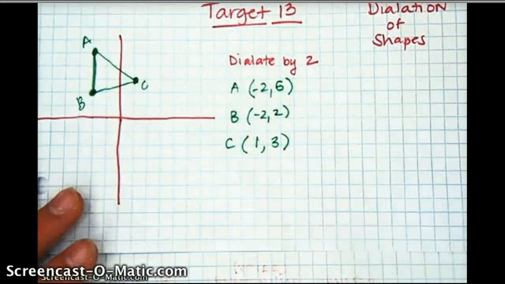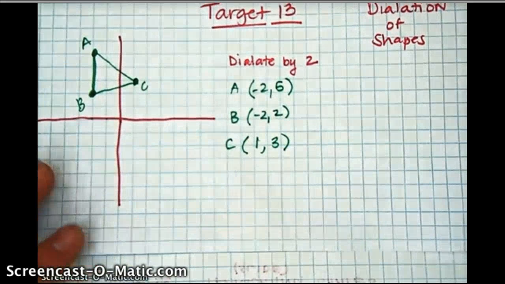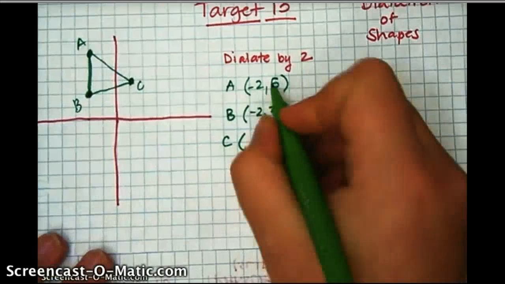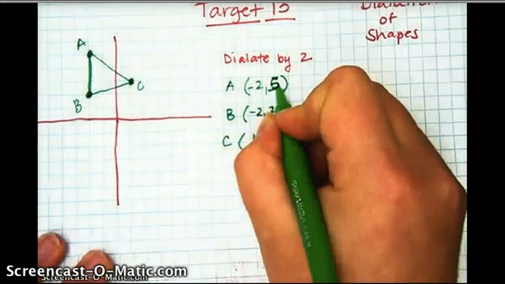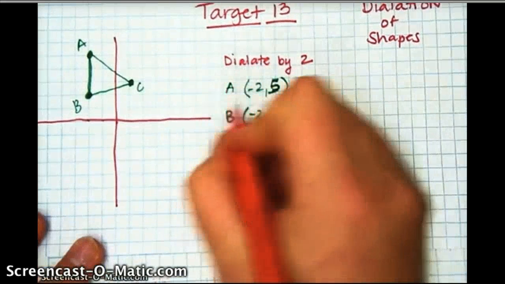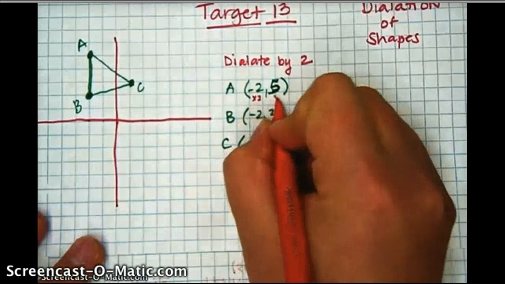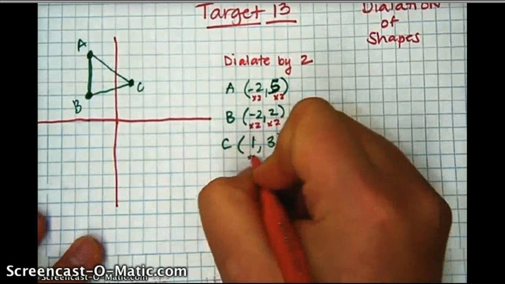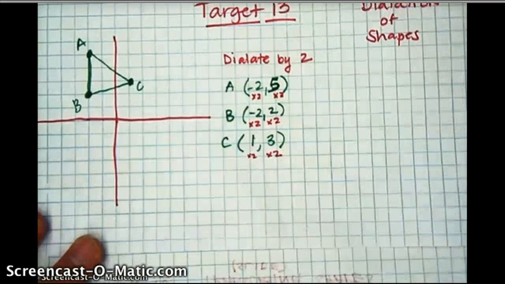If we're going to dilate this by 2 to get the points of our new shape, we need to multiply everything by 2. So times 2, times 2, times 2, times 2, times 2, times 2.